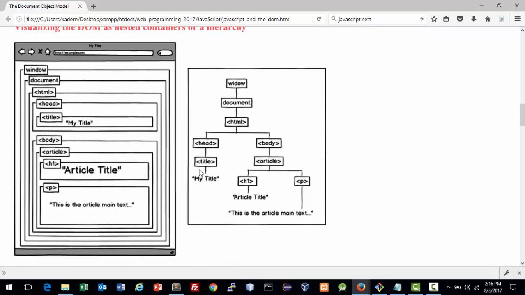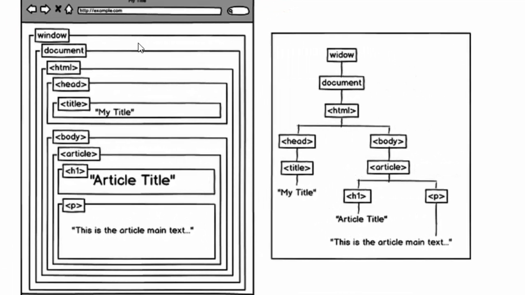We'll scroll down the page here, and what we'll see is you can visualize the DOM as a series of containers. So this diagram on the left, we've got the window container, and inside of that container we have the document container. The document container contains an HTML tag, and we kind of skipped over that part, but we also talked about how one of the children of the document is the body.